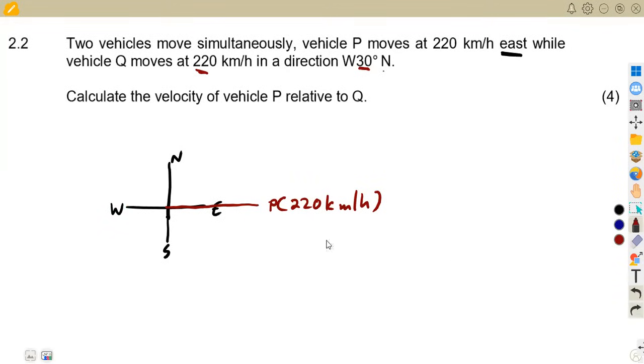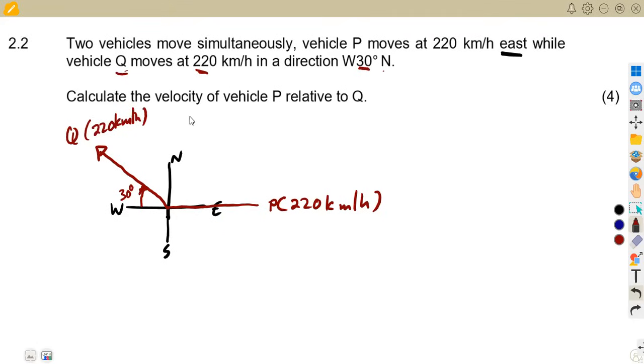So we're going to have this in this quadrant, moving from the west going to the north at an angle of 30 degrees. That is our vehicle Q, which is also at 220 kilometers per hour.